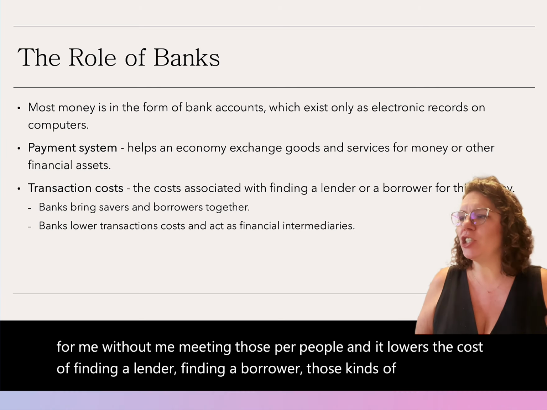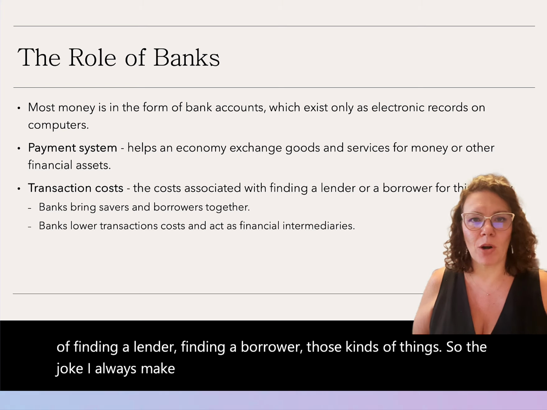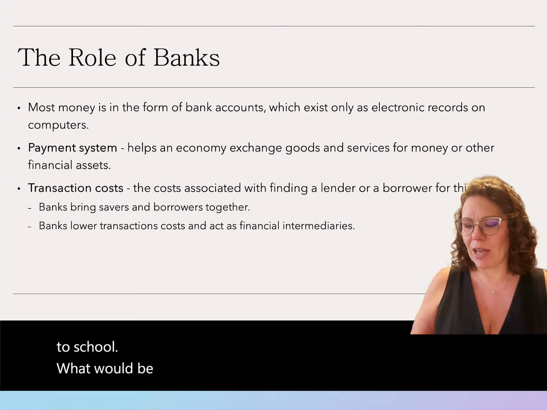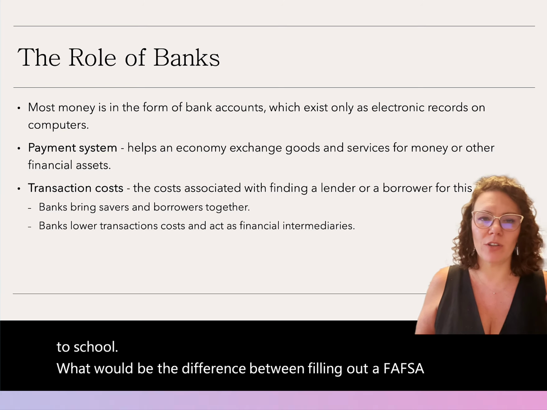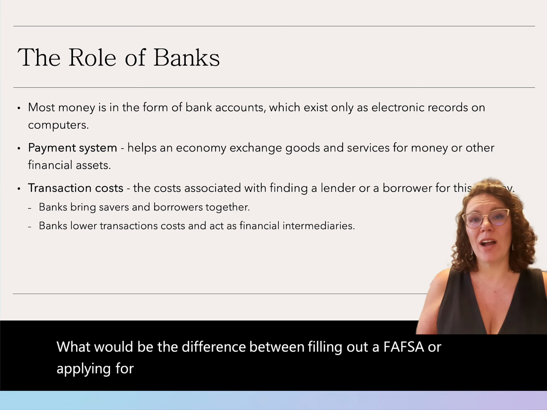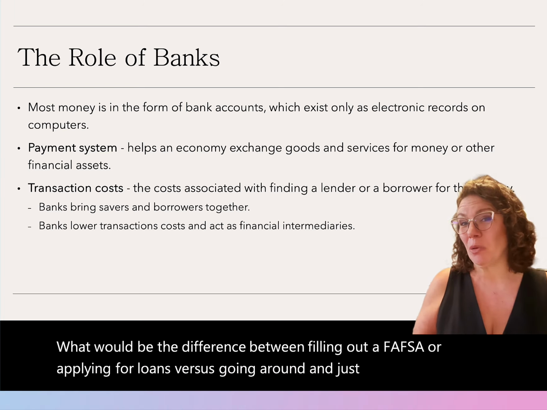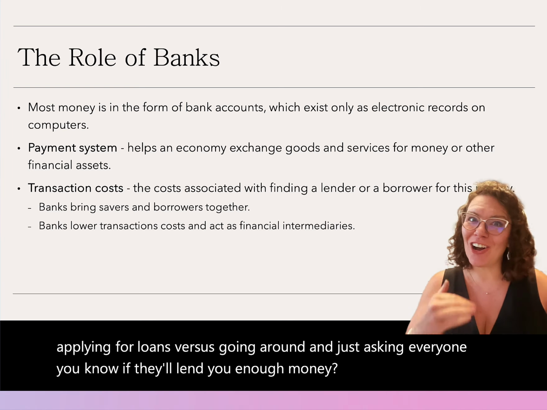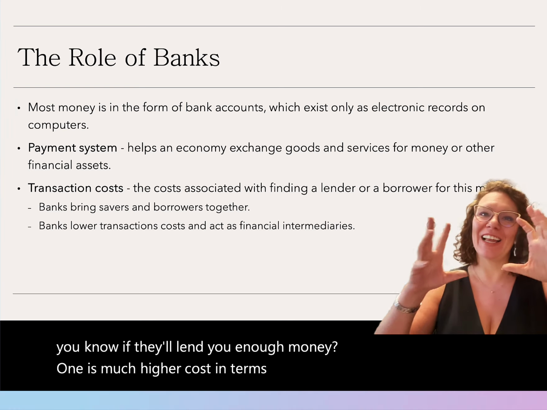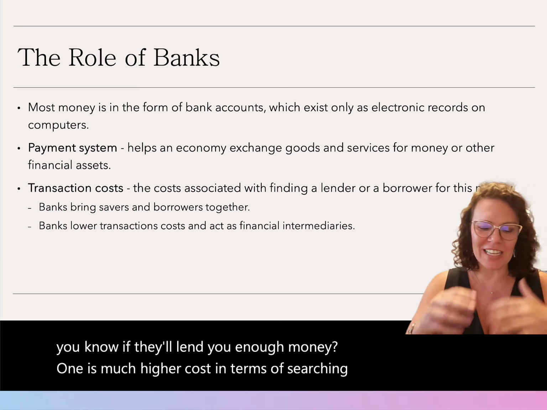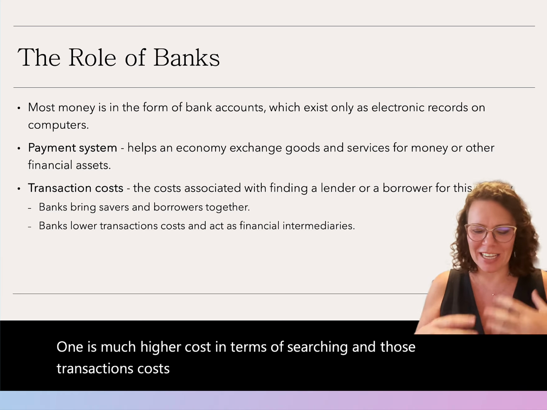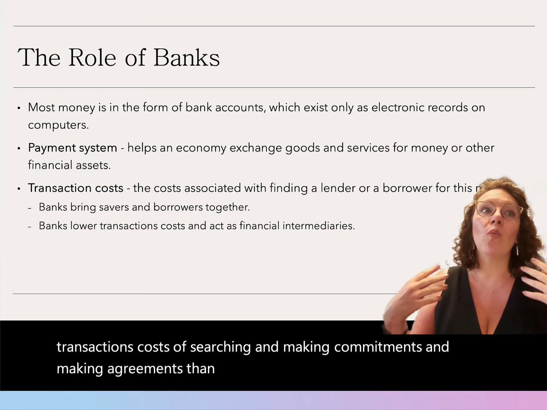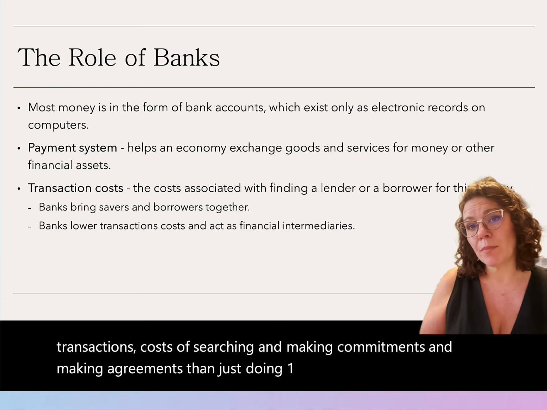So the joke I always make is, if you needed to borrow money to go to school, what would be the difference between filling out a FAFSA or applying for loans versus going around and just asking everyone you know if they will lend you enough money? One is much higher cost in terms of searching and those transactions costs of searching and making commitments and making agreements than just doing one centralized borrowing agreement from a central entity.